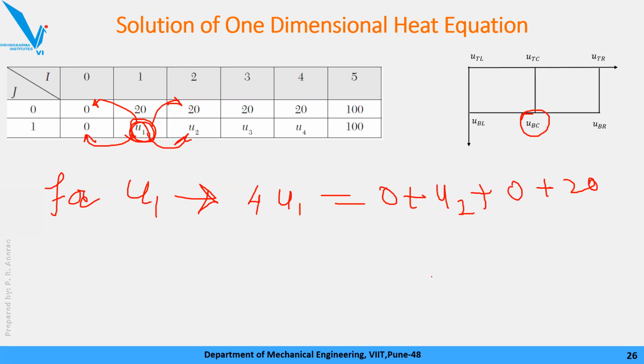That's it. Okay, so you got one equation, that 4u1 minus u2 equal to 20. So ये आपका एक इक्वेशन नंबर 1 बन गया.